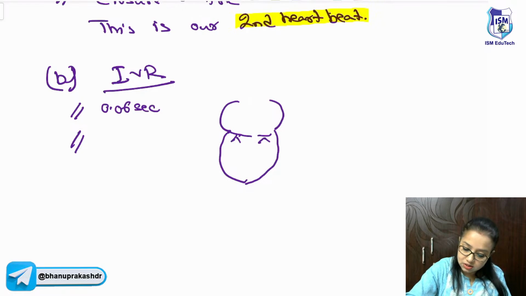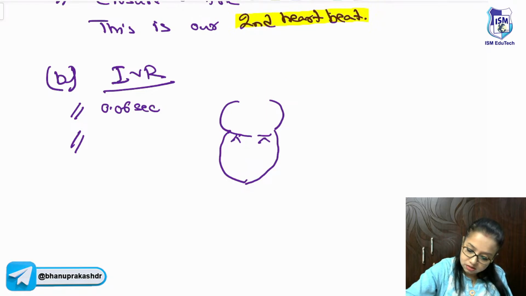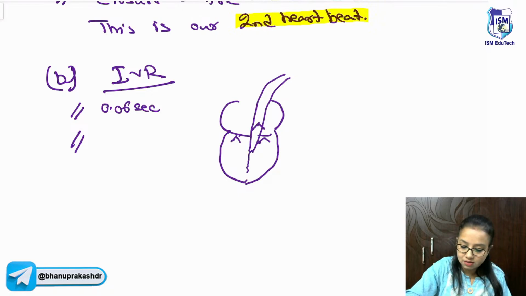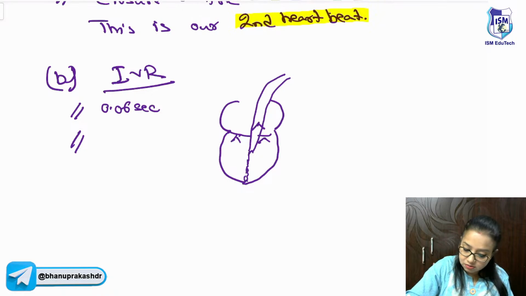Talking about the left ventricle, we have our aortic valve closed, the semilunar valves closed, and the AV valve also closed. Now this ventricle becomes a closed chamber.